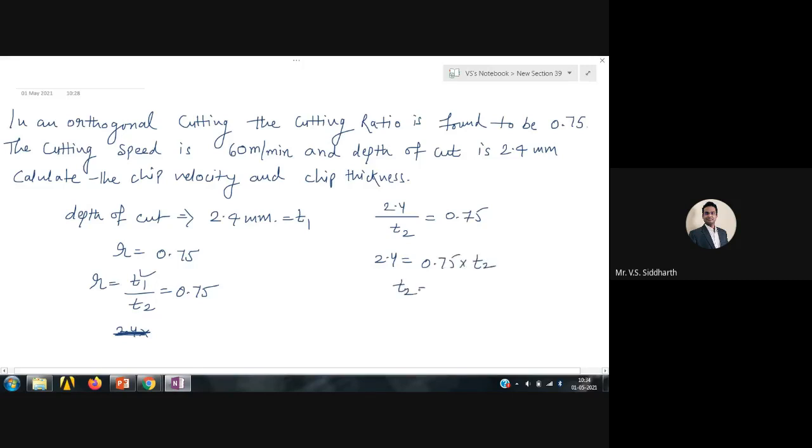T2 equals 2.4 upon 0.75. How much are you getting? 3.2. So 3.2 mm is your chip thickness.